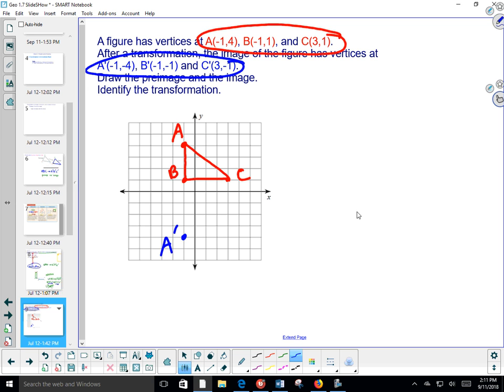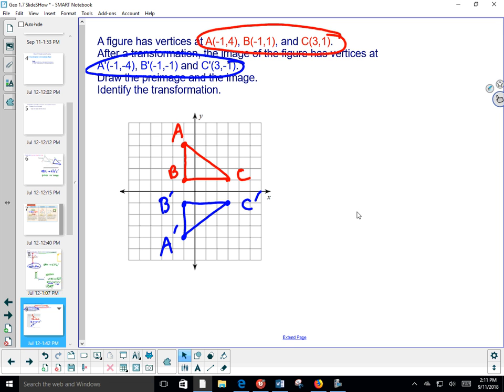Everybody with me? And then negative 1 is here. This is going to be B prime. And 3, negative 1 here is going to be C prime. And I can connect those. All right, and you are supposed to draw the pre-image and the image. We did that. And we're supposed to identify the transformation.